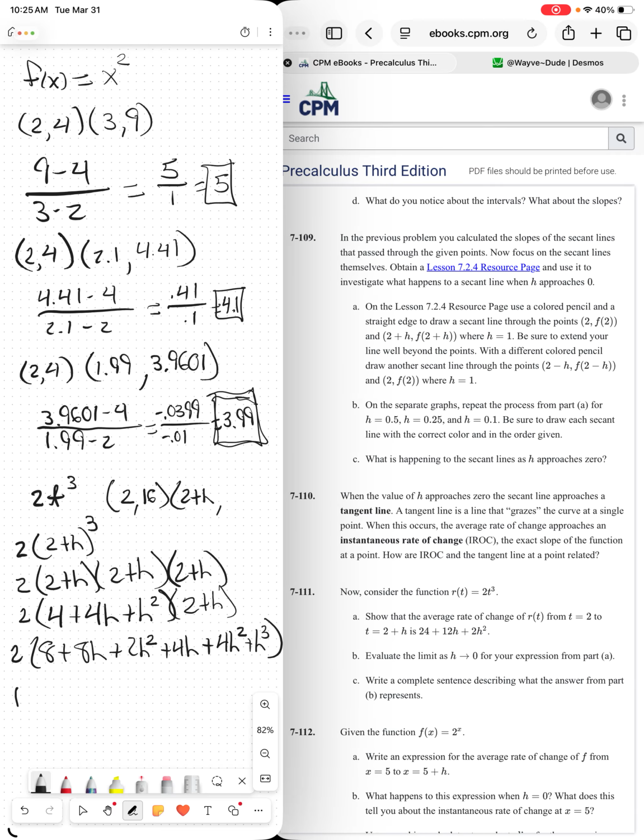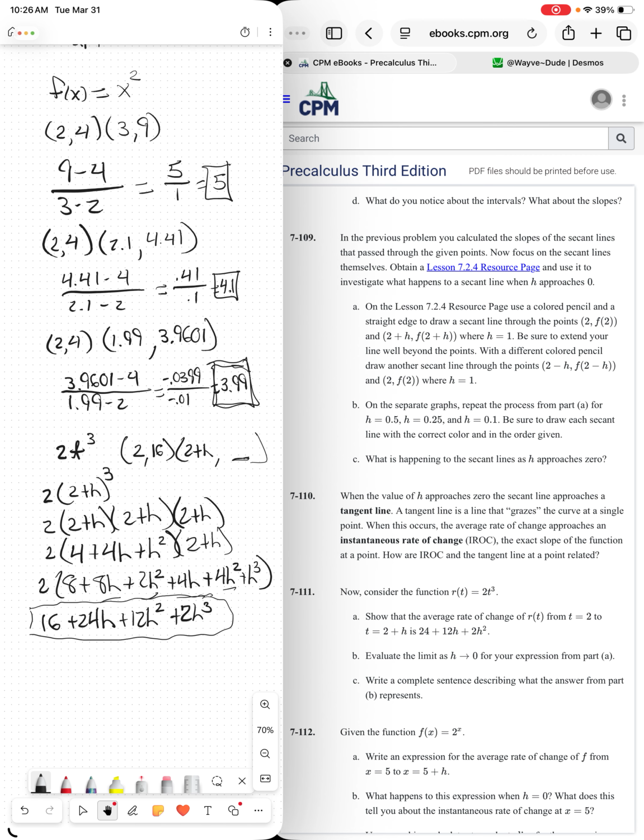So let's do this. 16. 8 and 4 make 12, so plus 24h. 2 and 4 make 6, plus 12h squared, plus 2h cubed. We did all that because this is just that y value that goes right here, right? That's the y value.